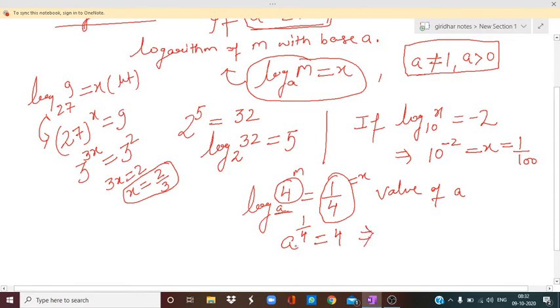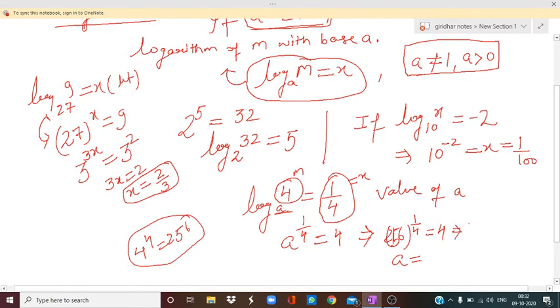So what should be the value of a? Look at this, if we put a equals 16, you will get 16 to the power 1 by 4, which is 2, not 4. So a should be 256, so that 256 to the power 1 by 4 is 4, correct?